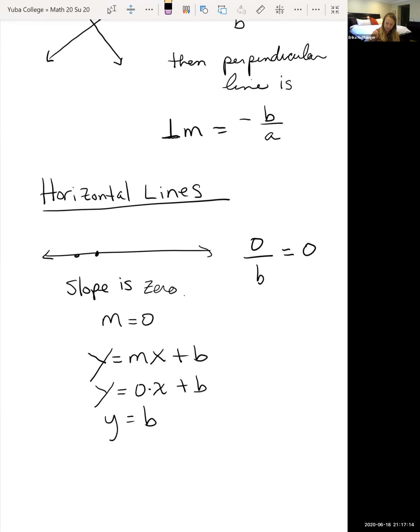I don't like them. So horizontal lines are always in the form of y equals a constant. So if y is equal to some number and there's no x in there, you know it's a horizontal line.